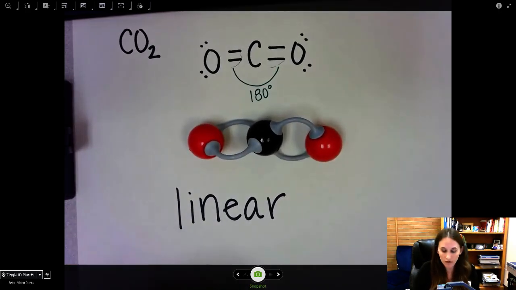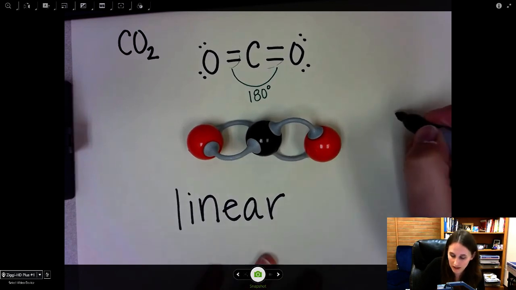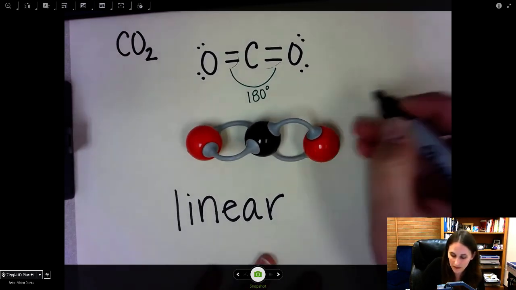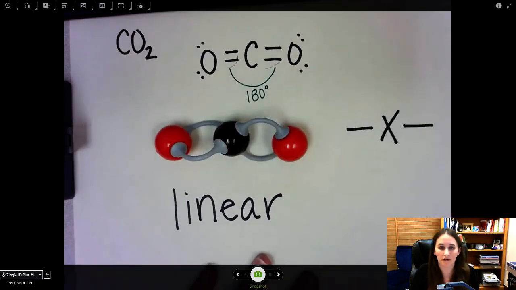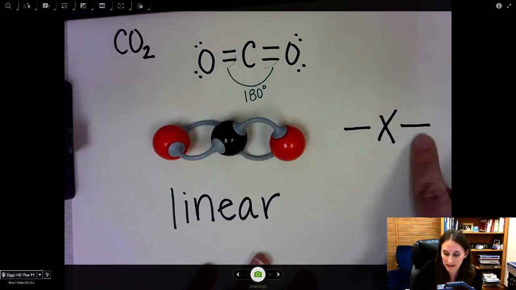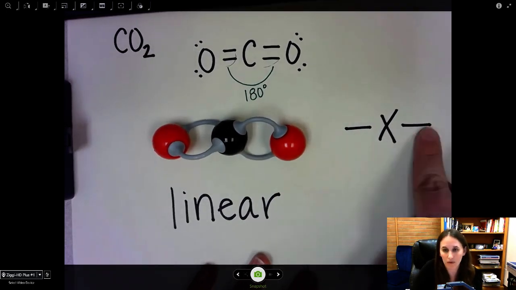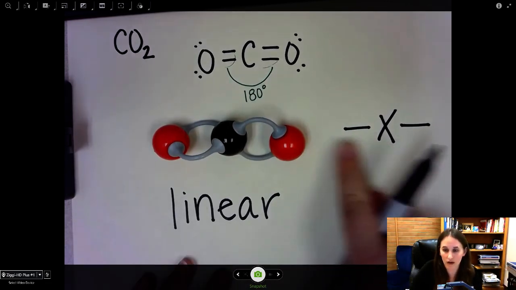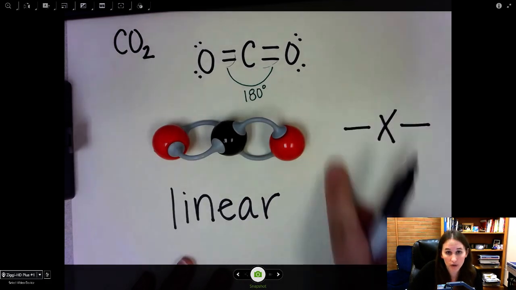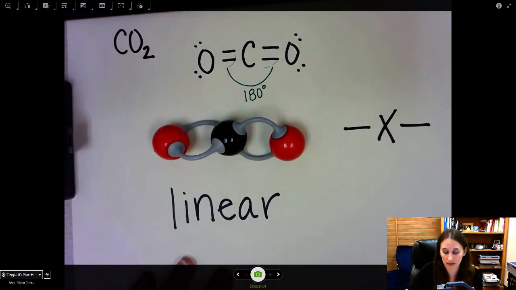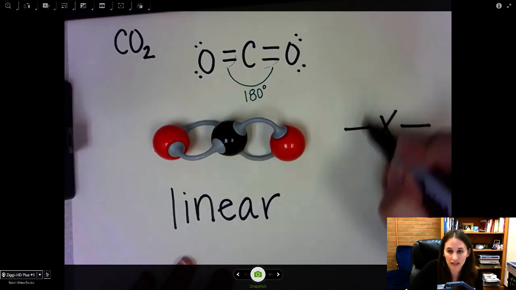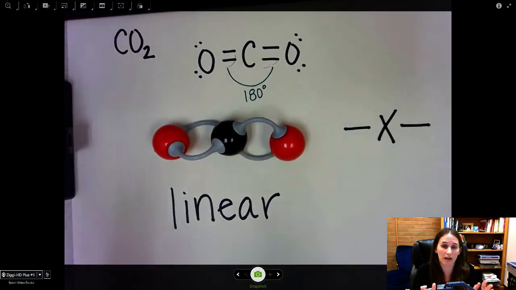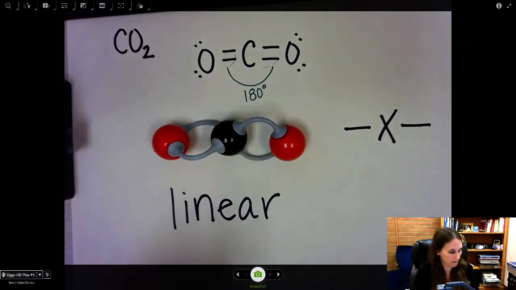And you can have a linear molecule in many different ways through many different bonds, but the gist of it is going to be some central atom and two bonds off of it. Now this could be a triple and a single, this could be a double and a double, but it's bonded to two other atoms from our central atom, whatever they are, and then there's no lone pairs off the central atom, because otherwise they would push these into some smaller angle than 180 degrees.